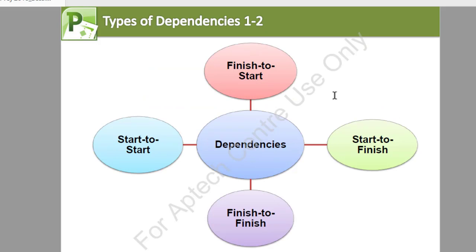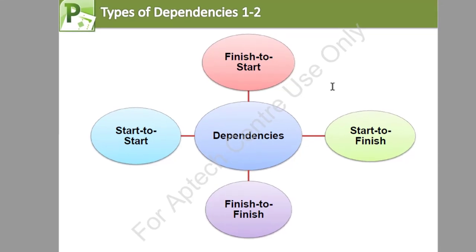Now we have the following types of dependencies between your tasks. The default is you finish task A, then you start task B, that is finish to start. We have the start to finish, as in you can only finish one task when another one starts.